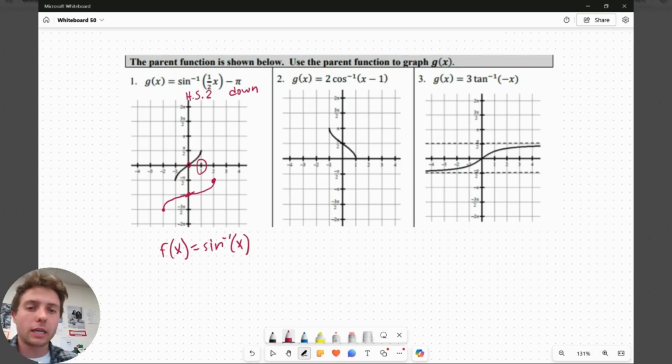Number 2, similar idea. This one looks like it is going right 1. And now this 2 is on the outside of our function. That must be a vertical stretch where it is stretching 2 units. So if I take this function, move it right 1, it would look something like this. But I need to stretch each of these by 2 in the y direction. Well, this one would be 0 times 2.